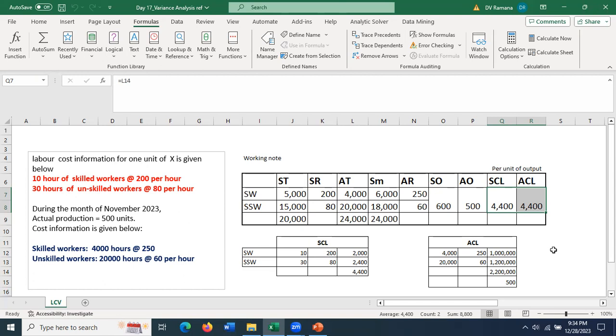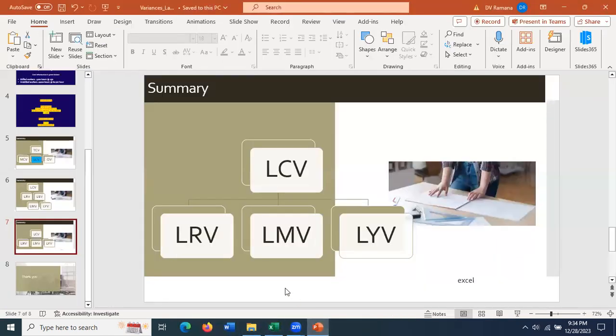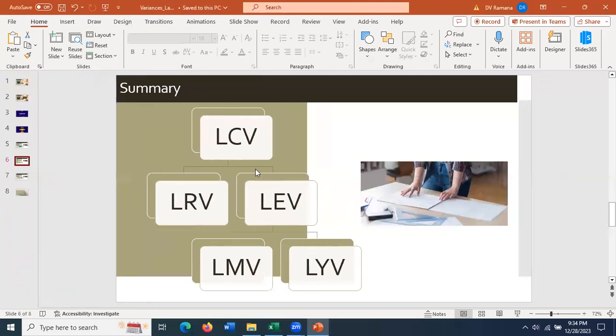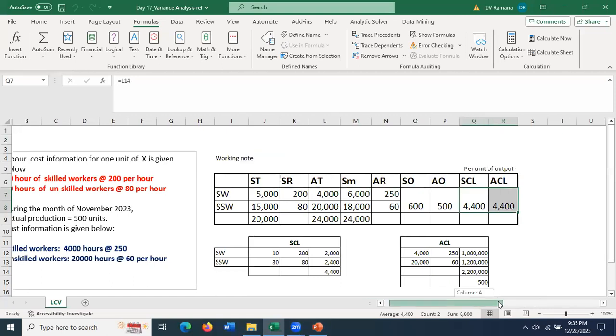So let us undertake a detailed analysis as we mentioned here. Labor cost variance is because of the rate variance and efficiency variance, and efficiency variance is because of the mix variance and the yield variance. So LCV may be zero. That's what we can see here.